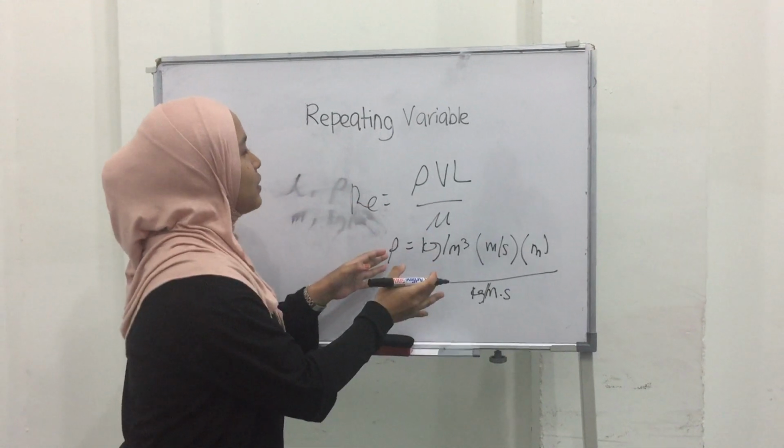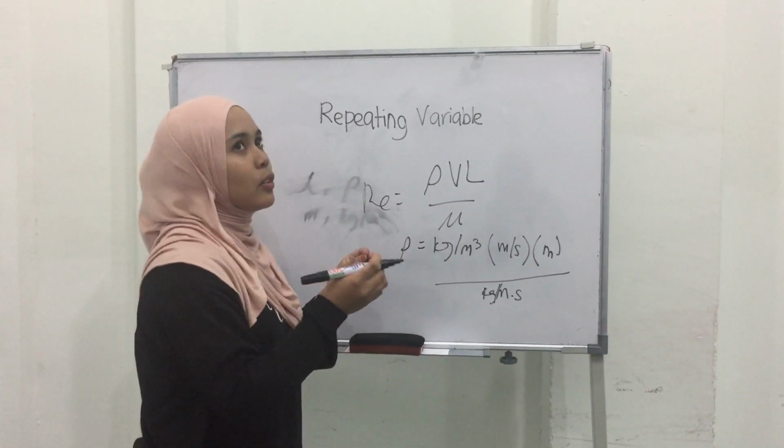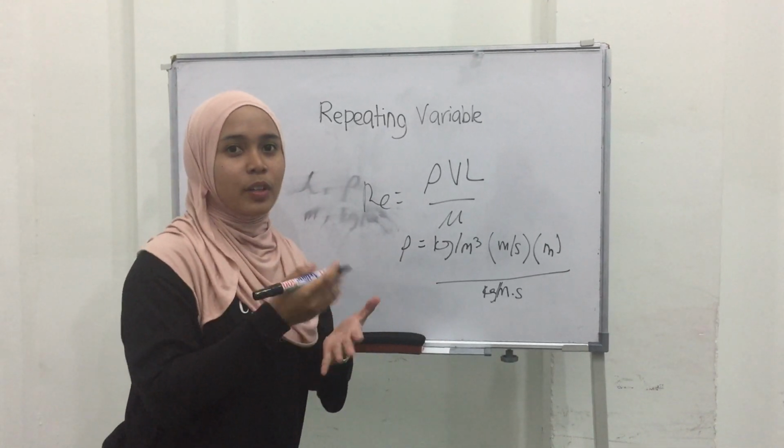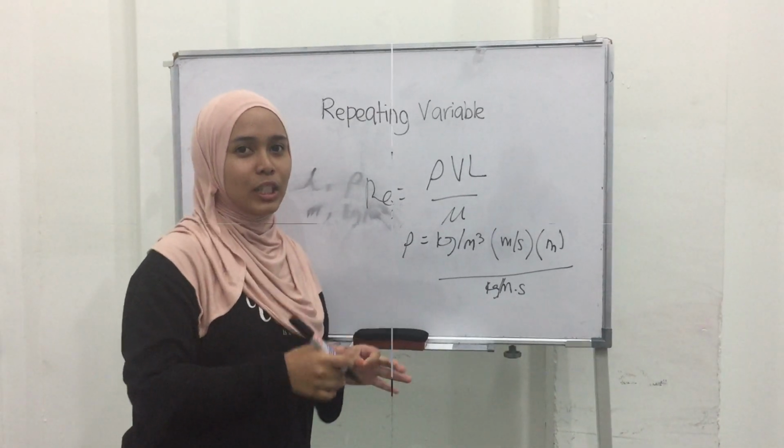So this is the meaning of repeating variable. If we cannot cancel the repeating variable, we replace it with the symbol. That's all from me. Thank you.